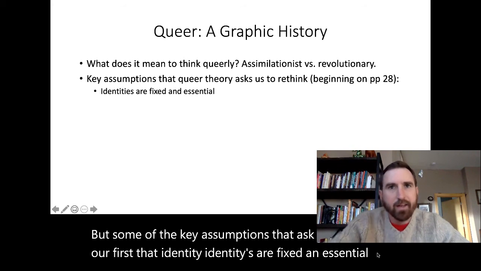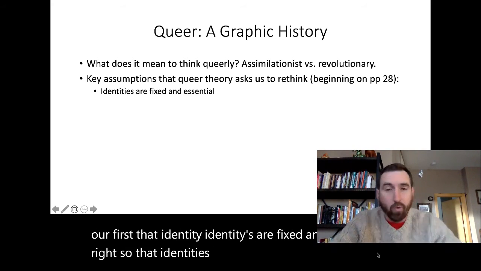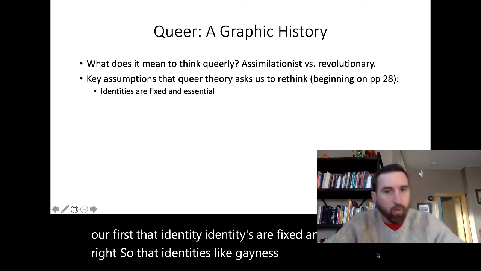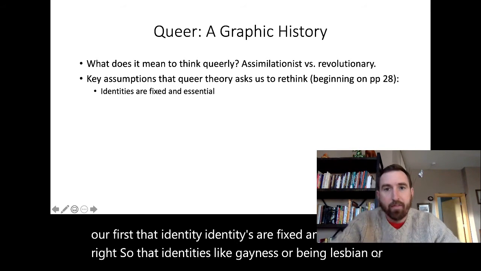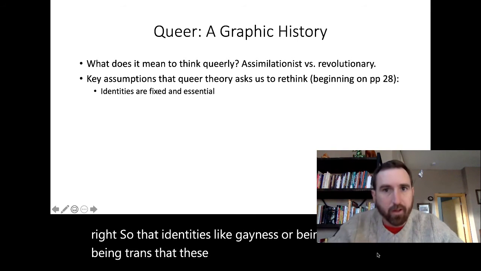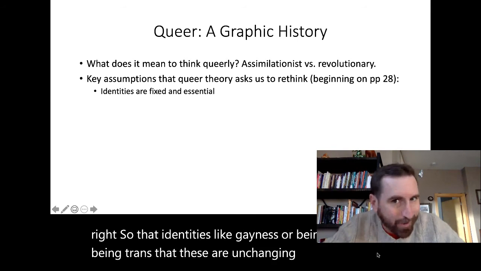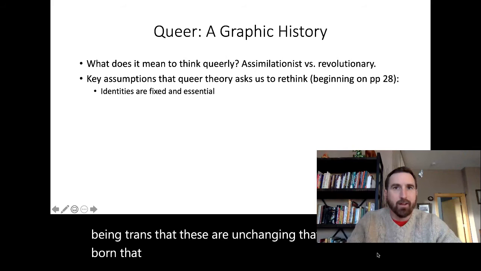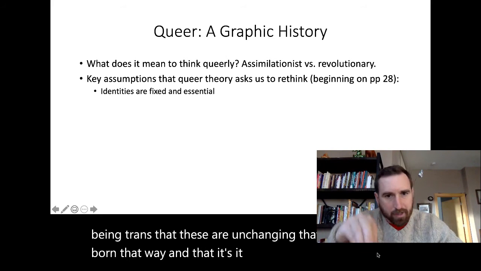So that identities like gayness or being a lesbian or being trans, that these are unchanging, that we're born that way, and that it has a stable, fixed meaning, right?